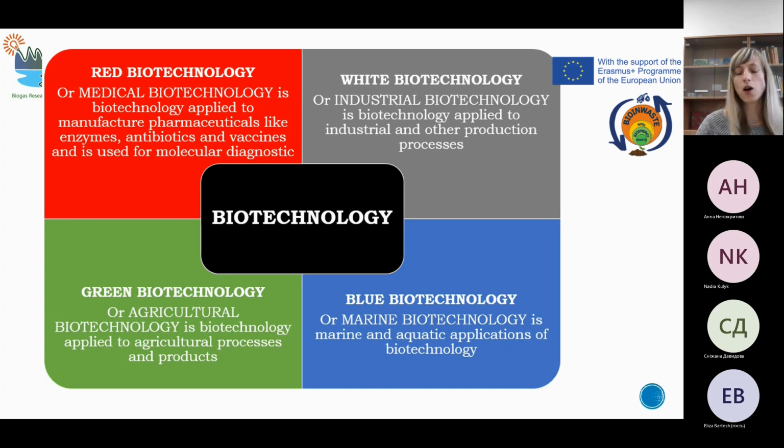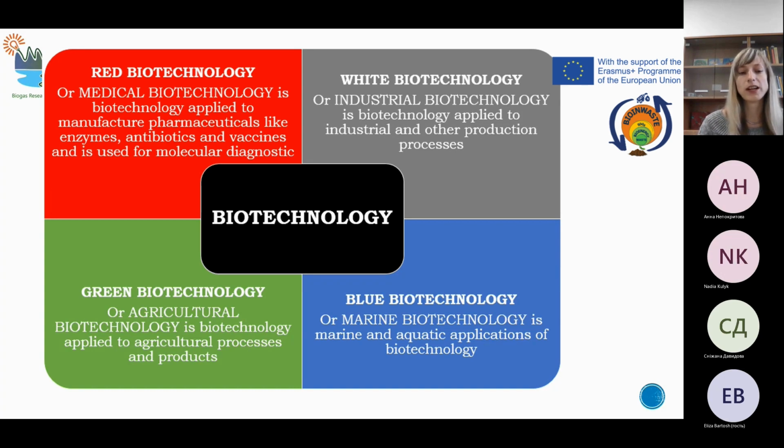It means each of these colors is connected with a cluster of biotechnology fields, focused on some way of production, some specific products for our life. Red is medical biotechnology, involving pharmaceutical and health treatment fields.